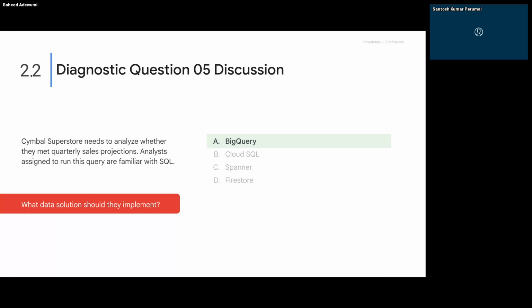As a cloud engineer, we use BigQuery to analyze the SQL data. You can see we have other options: Cloud SQL, Spanner, and Firestore. Cloud SQL is used to set up a database for SQL, while Spanner is for SQL too, but is for a big project or an enterprise project. And Firestore is used for NoSQL.